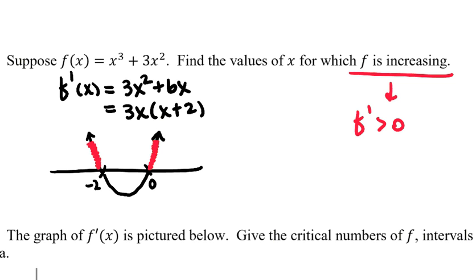And so that is the places where the derivative is positive. This is a graph of f prime, after all. And so I will track this back to x values where either x is greater than 0 or x is less than negative 2.